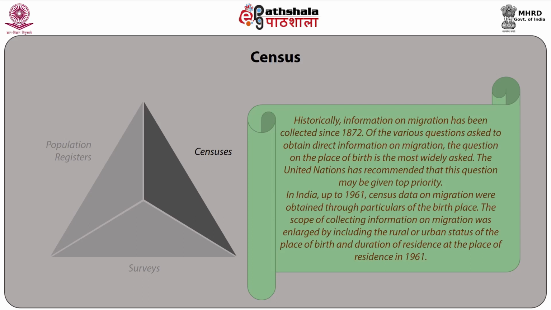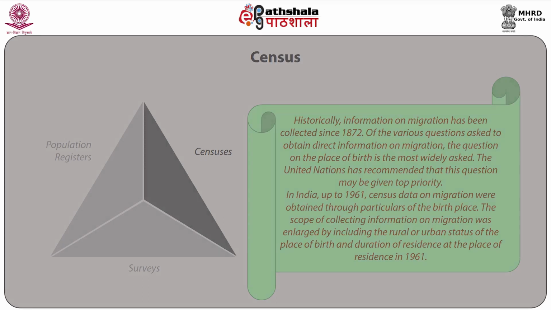In India, up to 1961, census data on migration were obtained through particulars of the birthplace. The scope of collecting information on migration was enlarged in 1961 by including the rural or urban status of the place of birth and duration of residence at the place of residence.